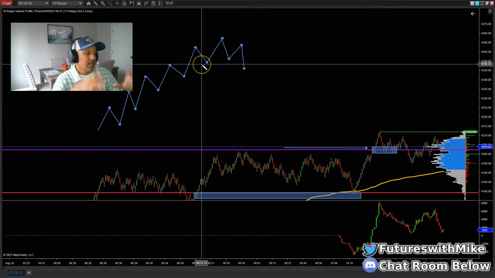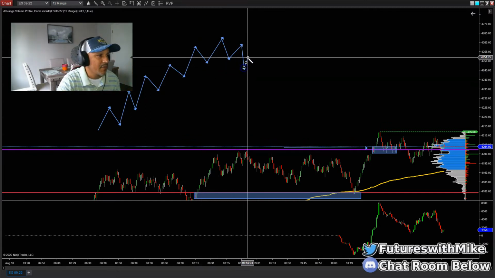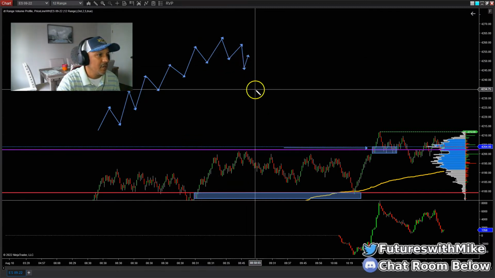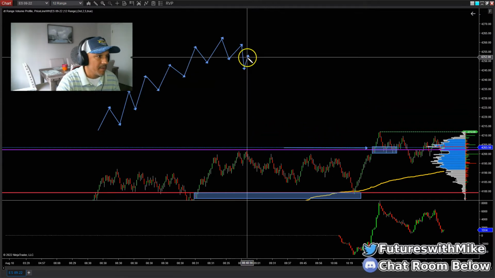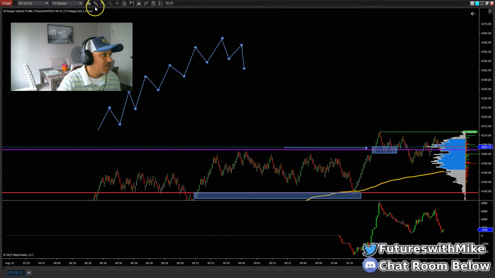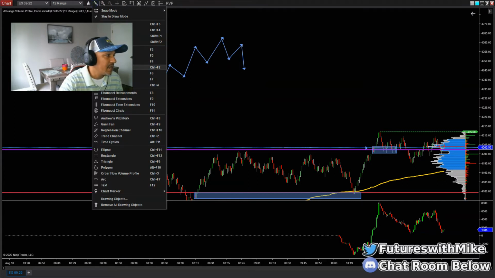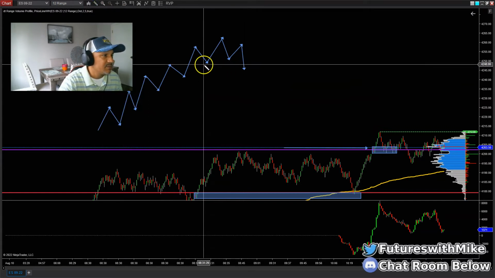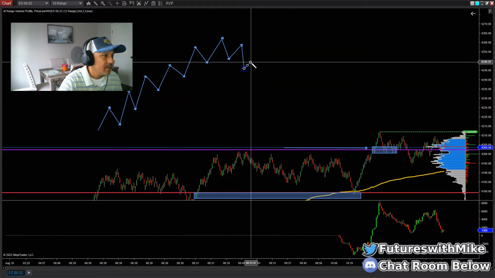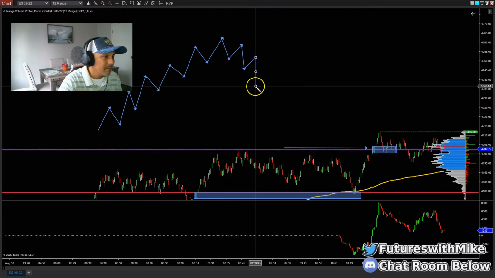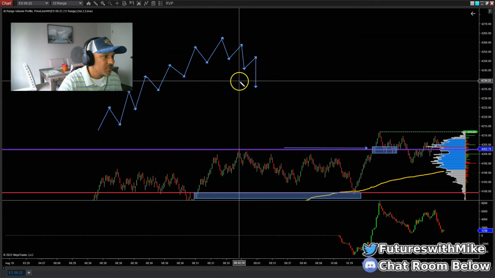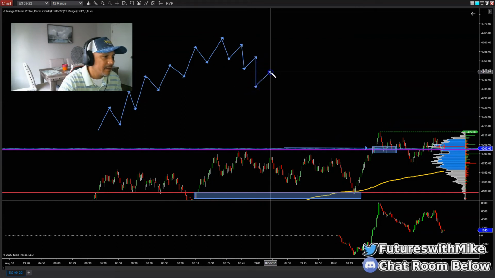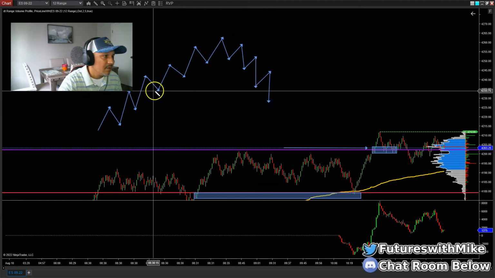From a short-term basis, you could look for price pulling back and look for an opportunity to go short, following the market direction. Let me delete that, because we're going to continue with the stair step to the downside. Price broke support here, then it pulls back, moves lower, breaking more structure, pulls back, moves lower, breaking more structure.